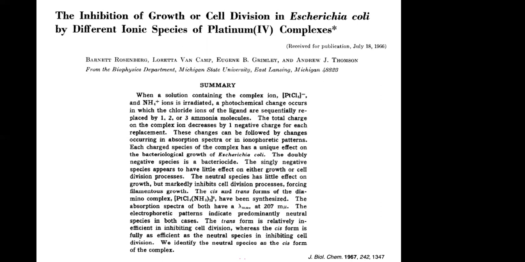But this is the point where they really started to understand the importance of these specific platinum complexes for inhibiting the growth of cells and inhibiting cell division in E. coli. And this is the paper where they pointed out that it's just the cis isomer of these complexes and not the trans that are active for this.